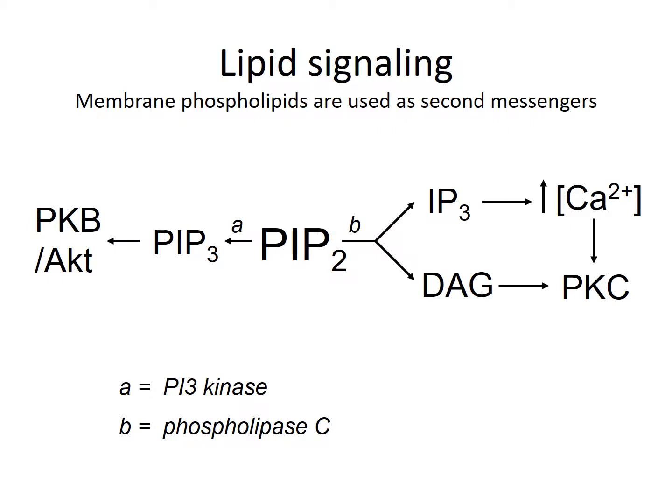So membrane phospholipids are used, okay, as secondary messengers. PIP2, that's a diphosphate, phosphatidylinositol diphosphate, can be split to IP3 and DAG, or can be phosphorylated, depending on the enzyme that's activated, and you end up getting a kinase here or there potentially.